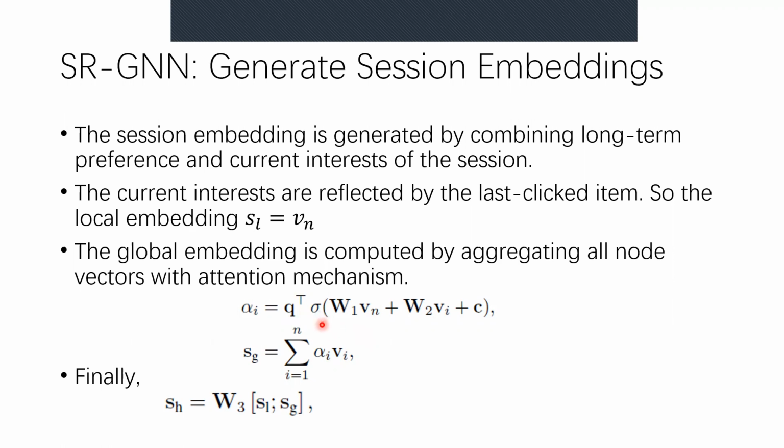Sigma, I think, is the sigmoid function. Inside it, W1 and W2 are both learnable parameters. Vn is actually the last clicked item, so it represents the current interest according to this paper. Plus VI, the ith item's session level embedding. And C, I think, is another learnable parameter.